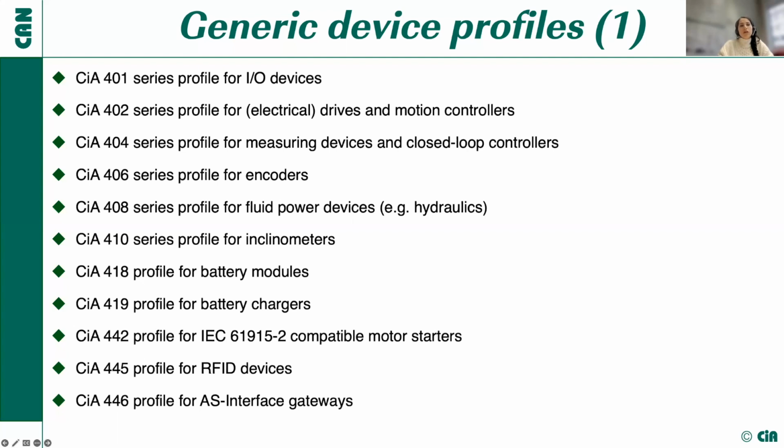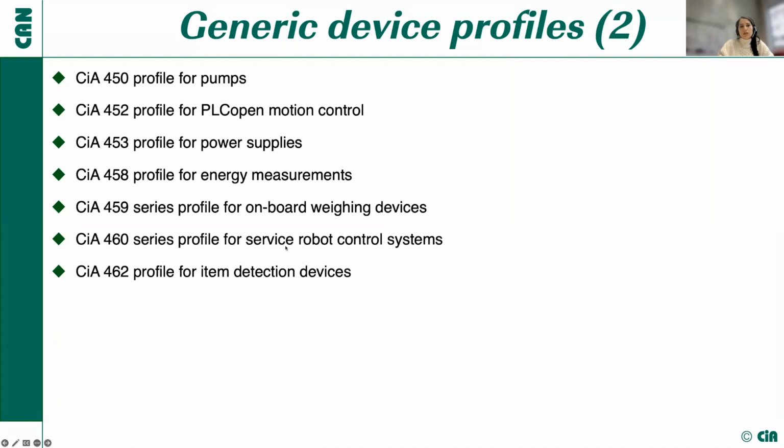For example, we have profiles for I/O devices and also for electrical drives and motion controllers, for measuring devices and closed-loop controllers, for encoders, for fluid power devices like hydraulics, for inclinometers and other CiA generic device profiles that you can see in this slide, and also the rest of them, like profiles for power supply, for pumps, for onboard weighing devices and others.